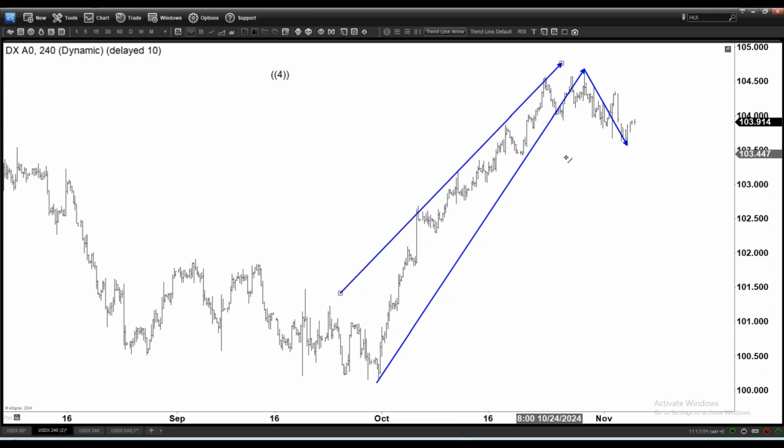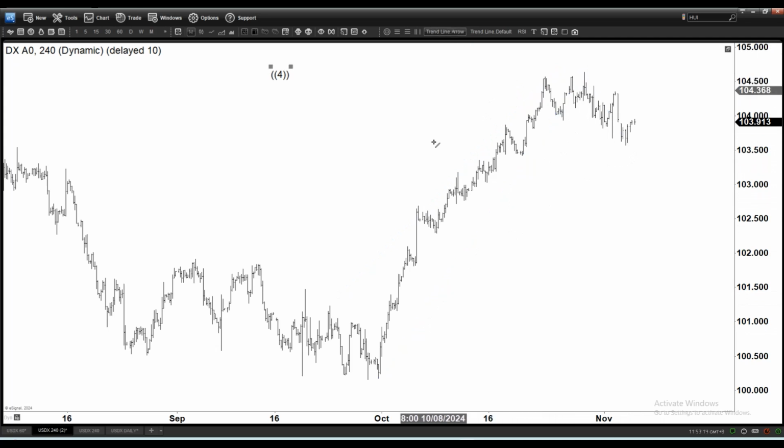But this one is definitely the outlier. It breaks out of the channel, and therefore you could say that this cycle has ended here. Regardless of whatever wave it is, it's not really that important for now. But we know by looking at the chart, this rally or this cycle looks finished.